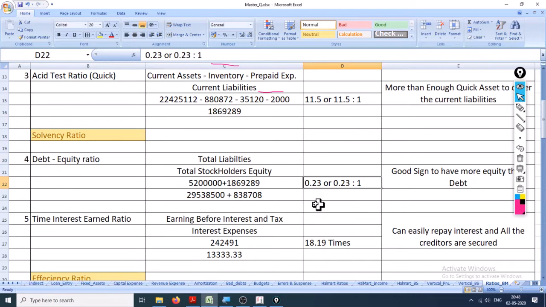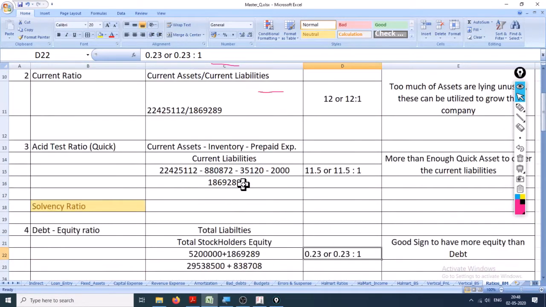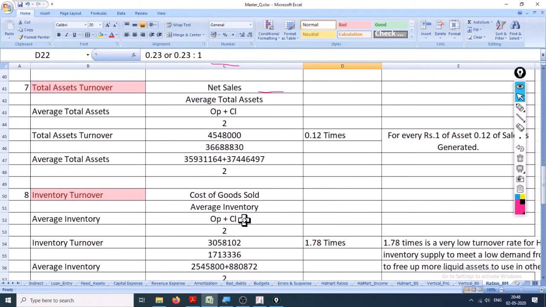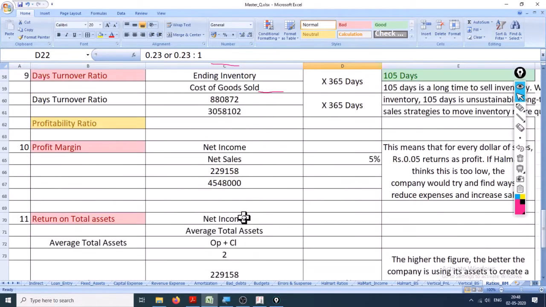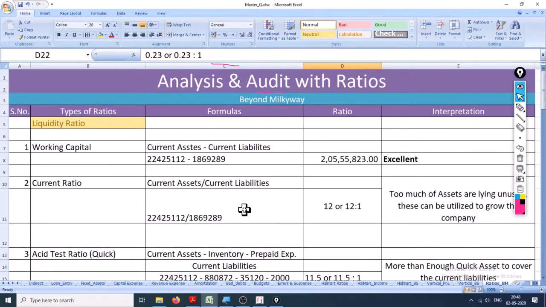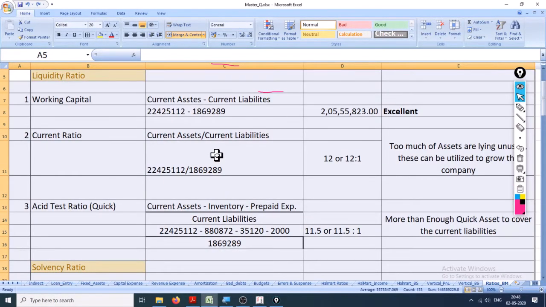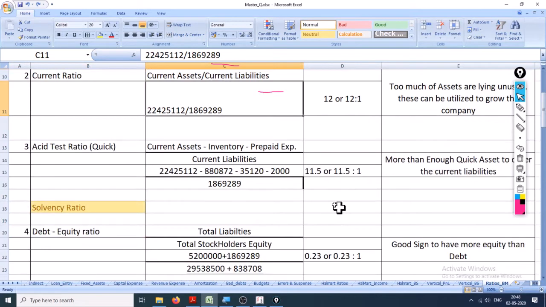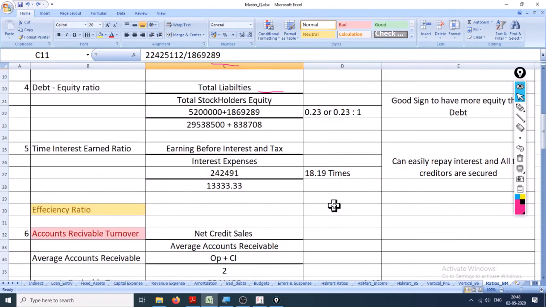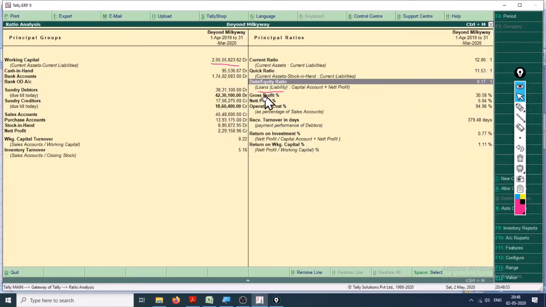That is why it is 0.23 is to 1, total liabilities upon total stockholders' equity. So 0.23 is to 1 is our debt to equity ratio. That is total liabilities. You can choose only long-term liability.